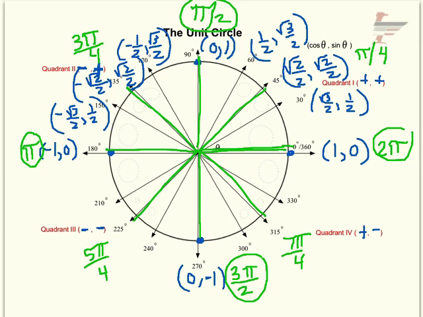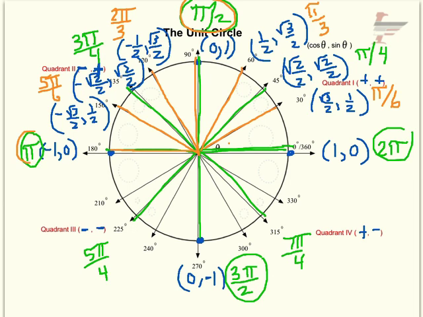So this is 1/6, so that would be pi over 6. This is 2/6, but reduce that, of course, so that's pi over 3. And this is 3/6, we got that. This is 4/6, which is 2/3 pi. This is 5/6 pi, and this is 6/6, and we got that, pi.